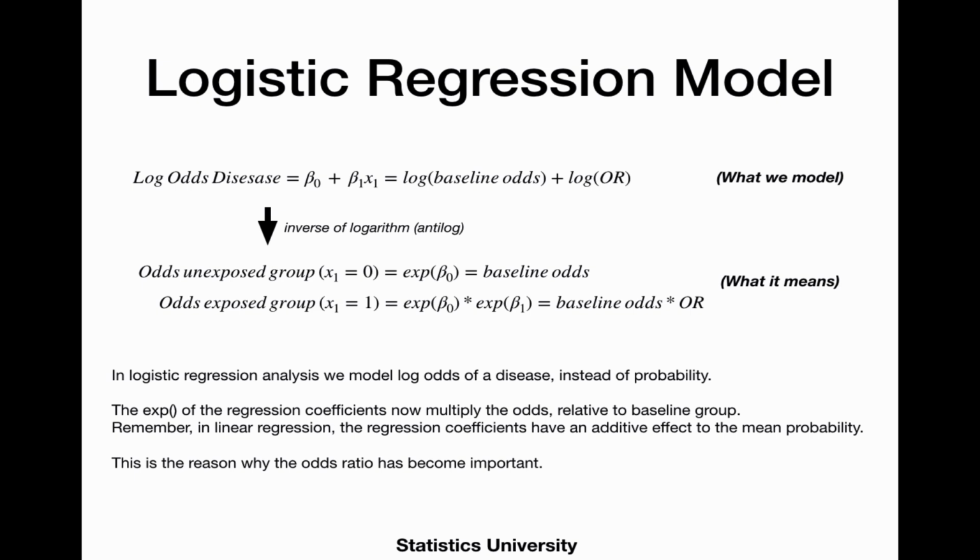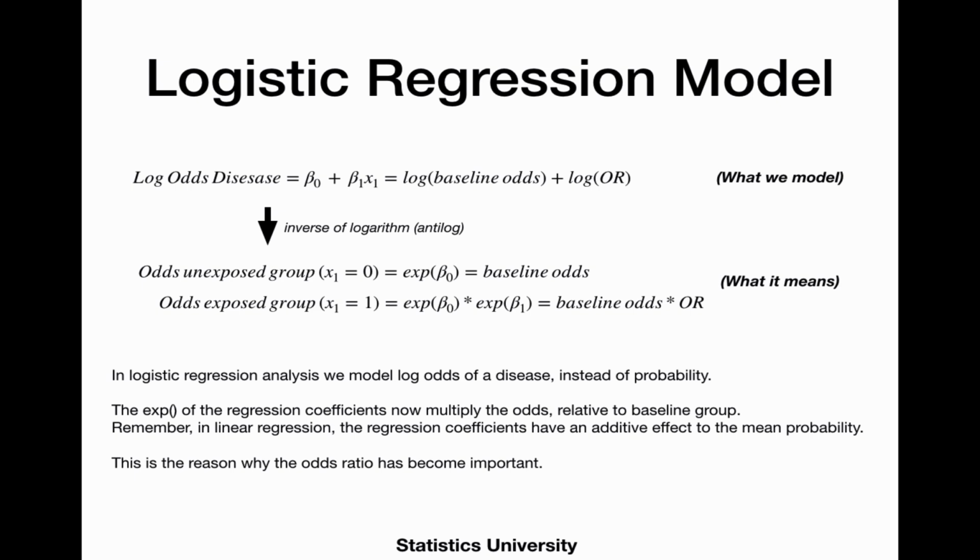In the unexposed group, where x1 has the value 0, the beta 1 term gets eliminated from the equation, so that we only work with the beta 0 term. And to go from a logarithmic term to a non-logarithmic term, we need to take the inverse of the logarithm or the anti-log.